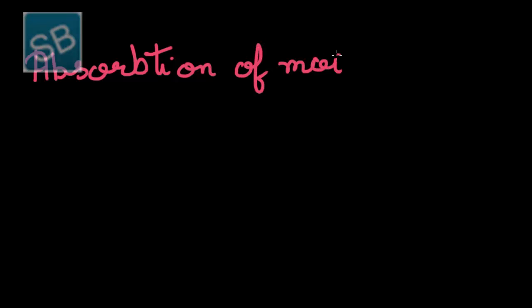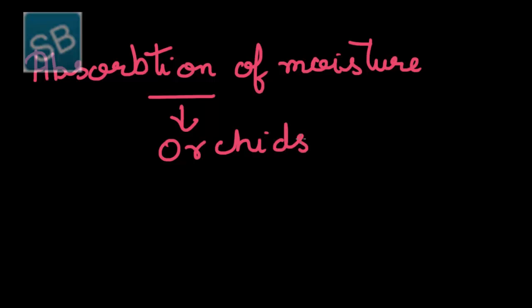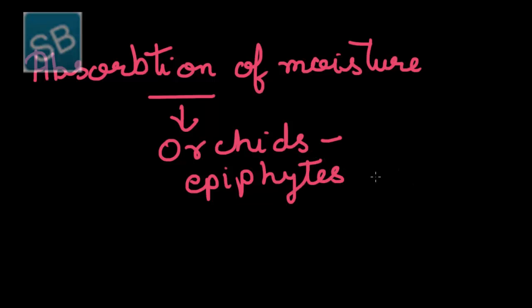Another function is absorption of moisture. Example, orchids live as epiphytes on the branches of trees, obtaining only a habitat from the host, and so they do not obtain water, salts, or prepared food from the host. They do not even have contact with soil.